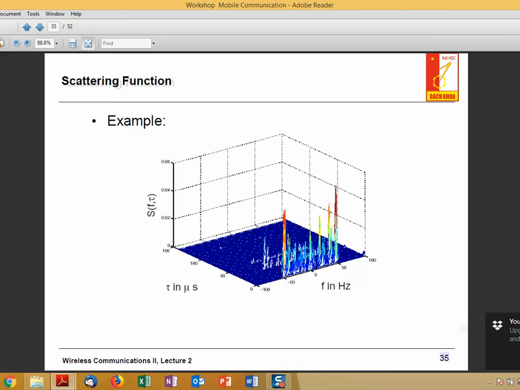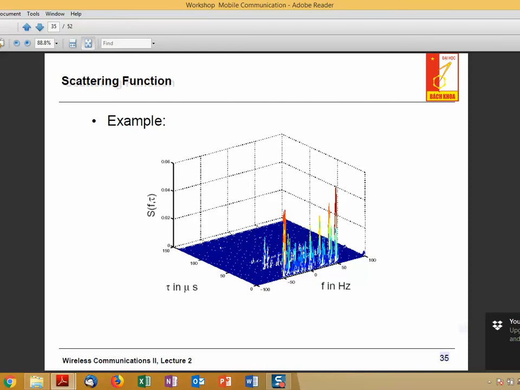So in summary, we integrate the scattering function in the direction of the frequency domain. The result is the power delay profile. And we integrate the scattering function in the time delay domain. The result is the Doppler spectrum. Integration means summation.